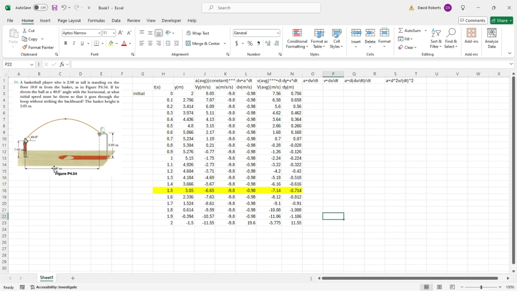Because we're just saying if Seth Curry shoots a basket at 40 degrees with this velocity, it's going to exit his hands at 2 meters, and at 1.5 seconds, it's going to touch an object at 3.05 meters above the ground, and that was the basket. This is the basket that we saw Seth Curry take in the video.